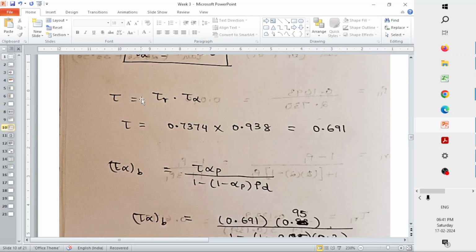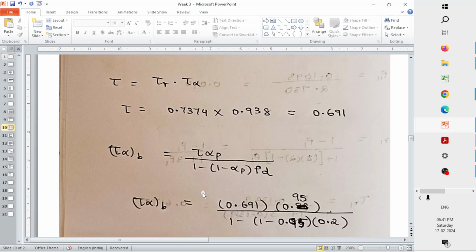Now we know the transmissivity. We need to know the tau alpha of the radiation particular to beam radiation and then the diffusive radiation. That is calculated by this formula. This is specifically for beam, and here you will have two terms. Your alpha p is nothing but the absorptivity of the plate.